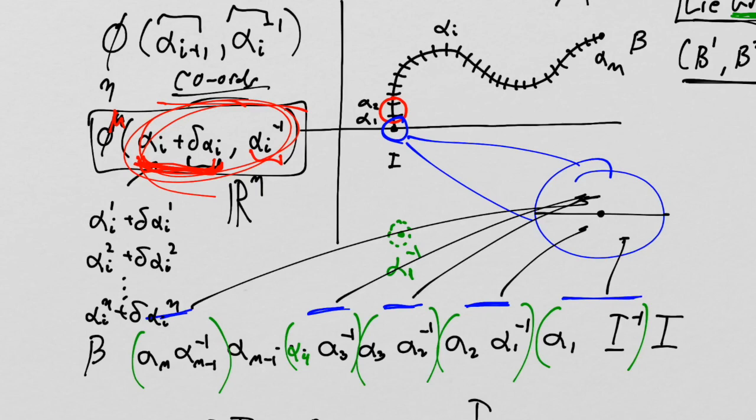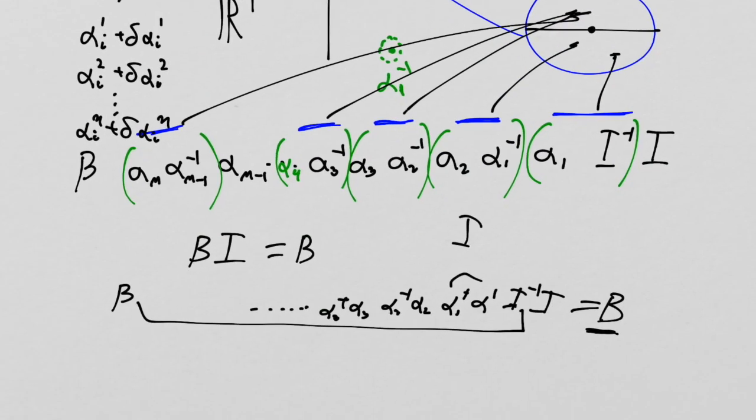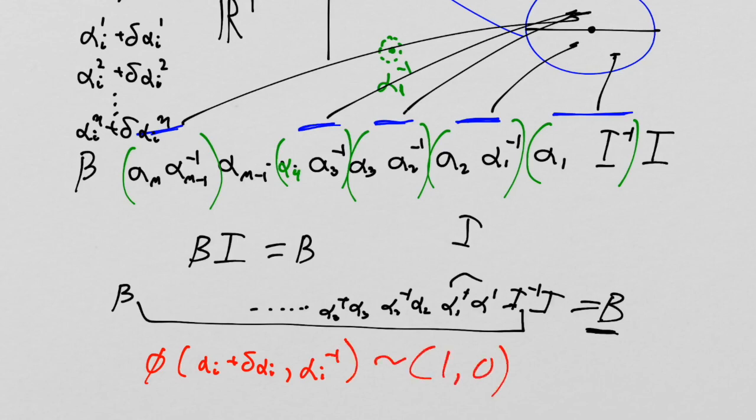Well, this product needs to be near the identity. So the way to write that down is you would say phi of alpha I plus delta alpha I inverse is kind of close to the coordinates 1, 0, right?